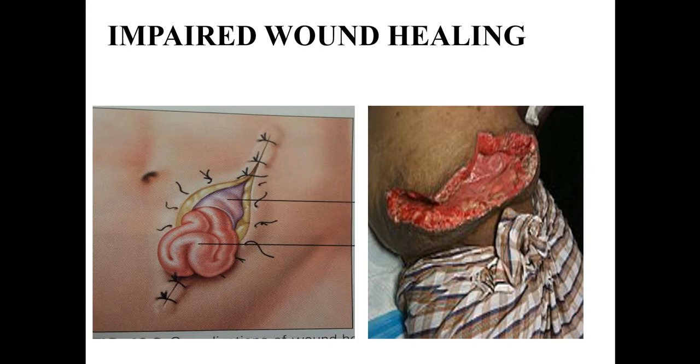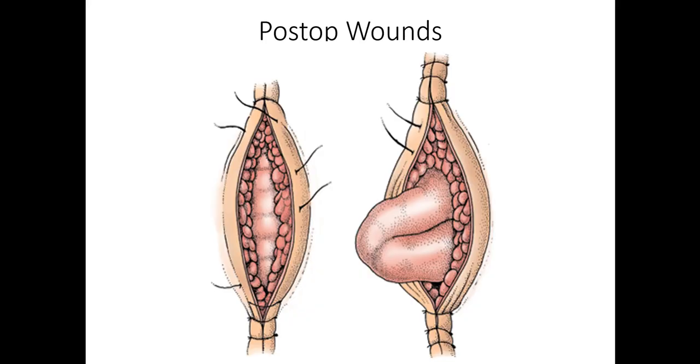Evisceration is where there's a total separation of the wound layers and a protrusion of the internal organs comes through the wound. Okay? Now, if a dehiscence or evisceration occurs, you want to stay with that patient. Have that patient stay quiet.